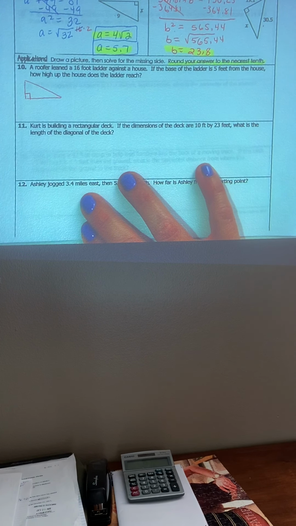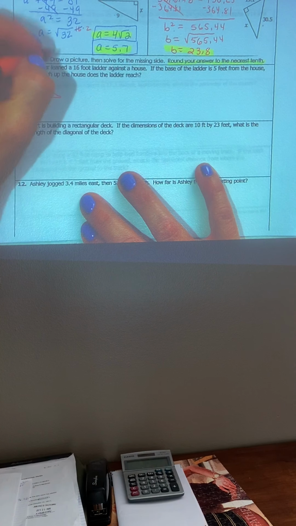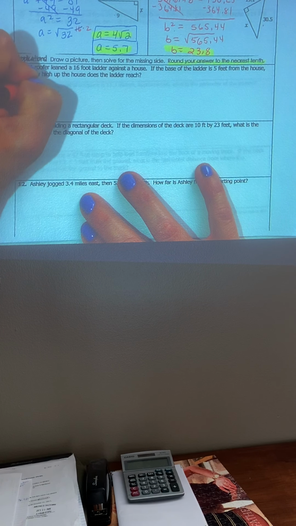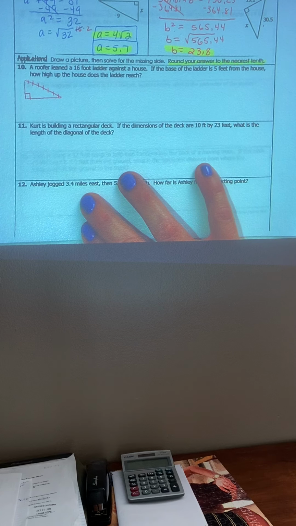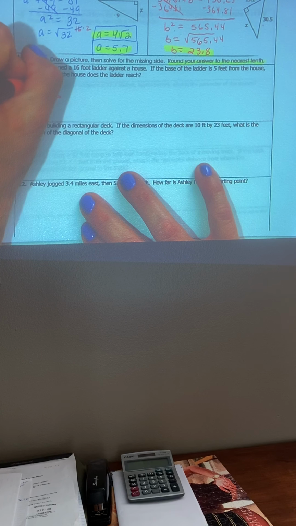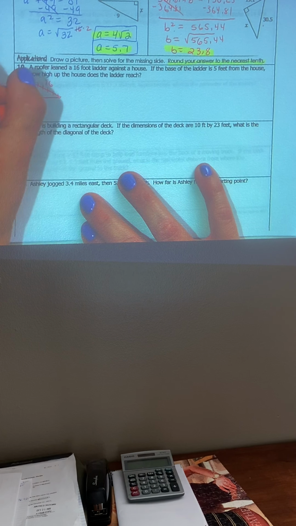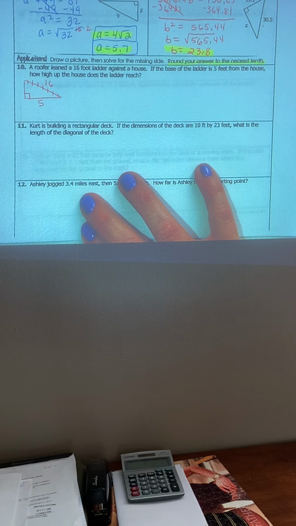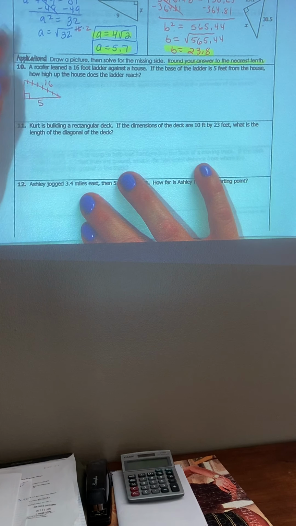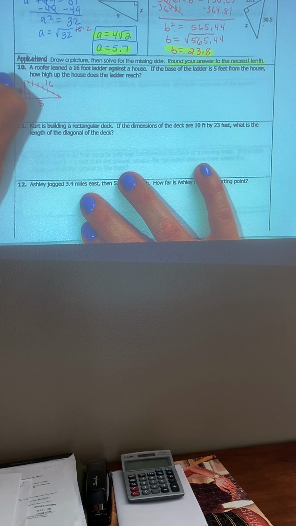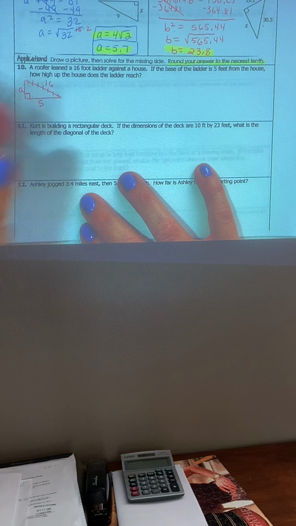It's a right triangle, okay. So this is your ladder, right? A ladder leans. So there's your ladder, and that's 16 feet. The base of the ladder is 5 feet from the house. Now that doesn't look like 5, but we'll pretend. How high up the house does the ladder reach? That's here. So this will be A. And then it's the Pythagorean theorem.